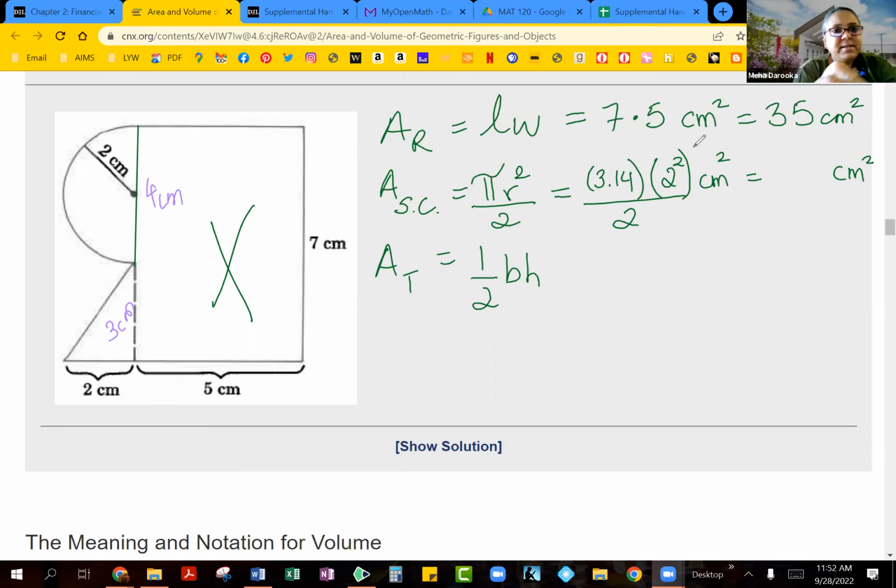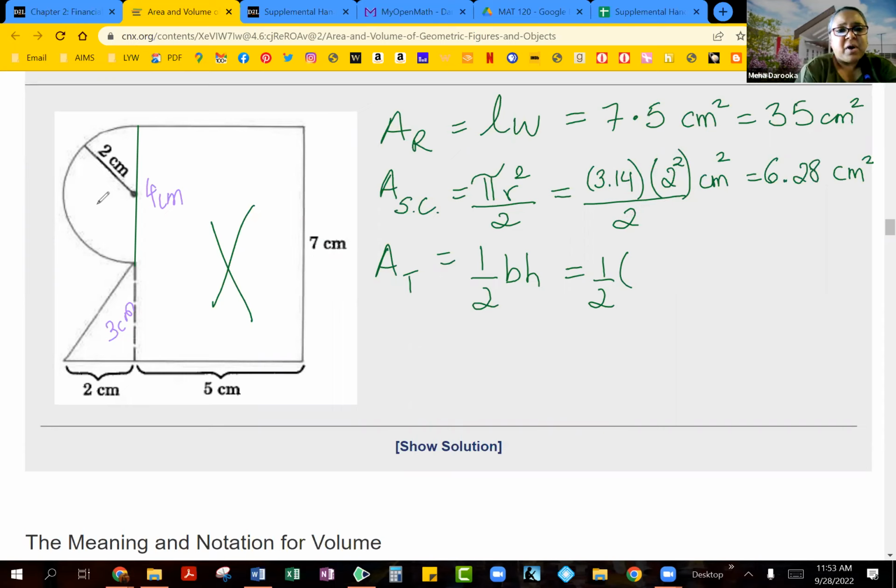Amanda, yeah, very nice. Since you're dividing by 2, one of those 2 squared values on the top actually disappears. So you literally just end up multiplying 2 times 3.14, which will give us 6.28 for the semicircle.